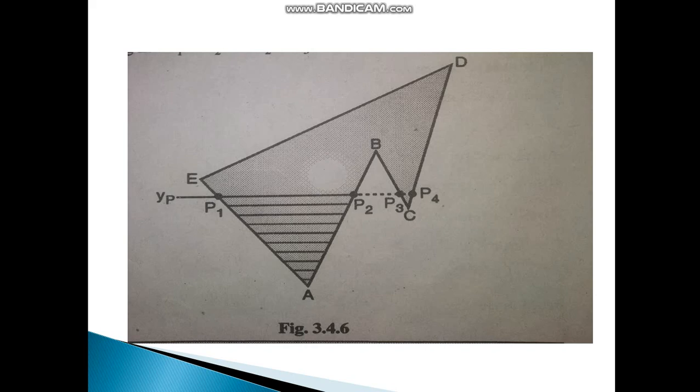First thing is how we will find out whether the y value is over, or our scanning is over. The scanning is over when the y min value is above the scan line, that is, the scan line is below the y min.